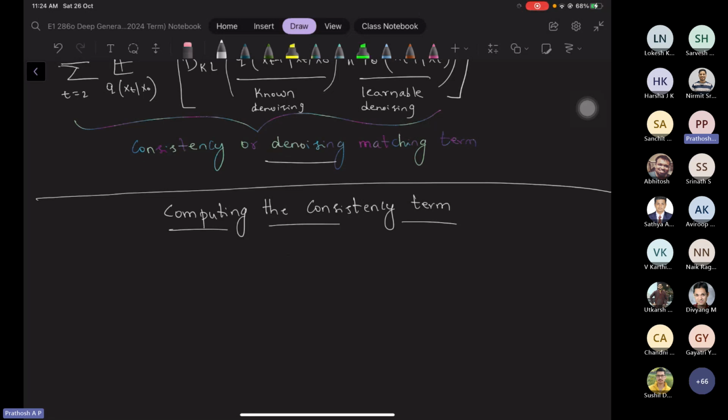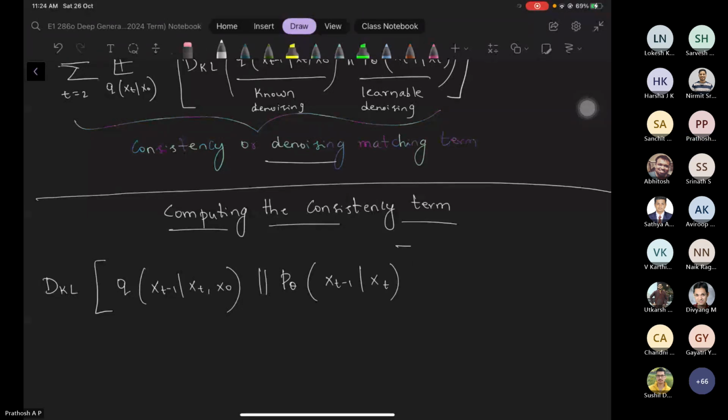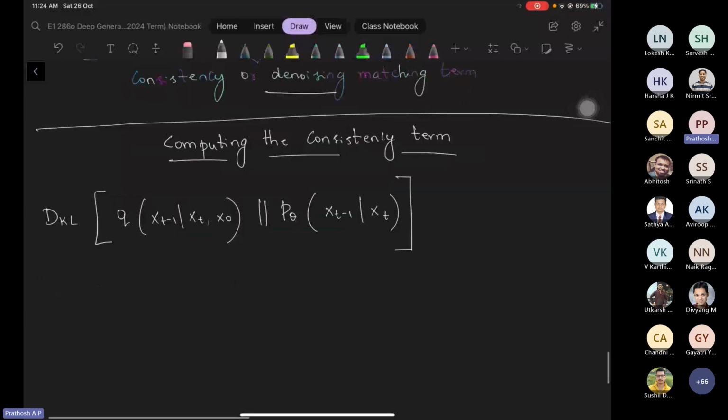So it is simply the KL divergence between q of xt minus 1 given xt and x naught, and p theta of xt minus 1 given xt. Yeah, this is what the term is.